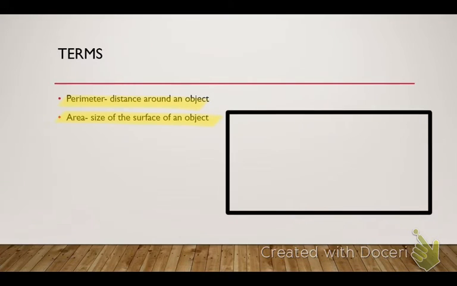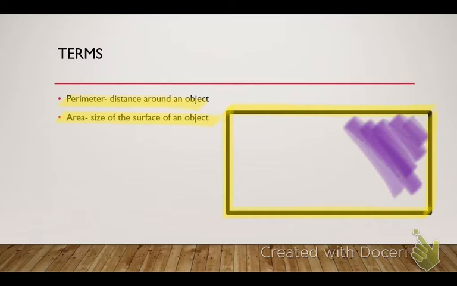So say I have a rectangle. The perimeter is the distance around that object. It's the borders. That's perimeter. The area is the amount or the size of the surface of an object.